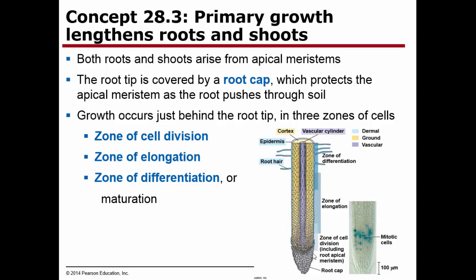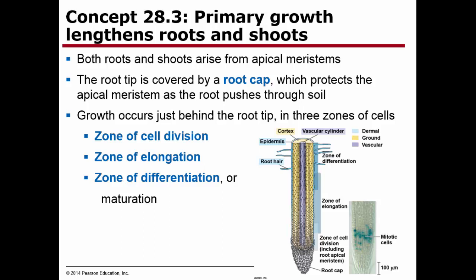The stem cells, those that retain the ability to divide, remain in this region. And from every cell division, one of the two daughter cells migrates upward and begins the process of differentiation, while one of the other cells remains in the apical meristem and retains the ability to divide.